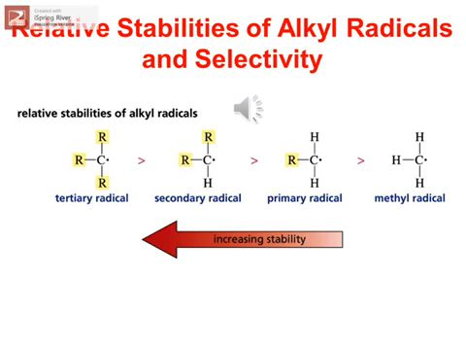Similarly, if an aromatic ring is directly attached to a carbon atom bearing the unpaired electron, it will increase its stability. This increase in stability is due to the increase in resonance and the delocalization of the unpaired electron.